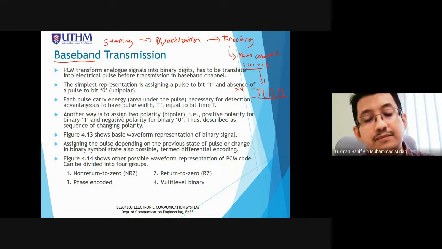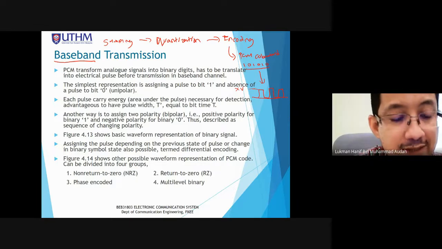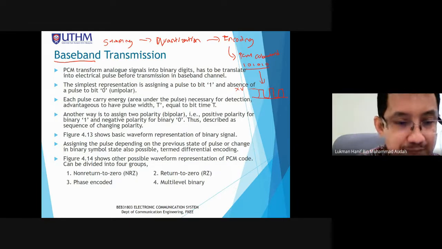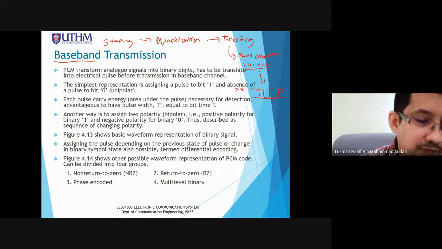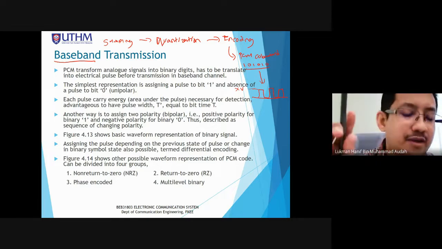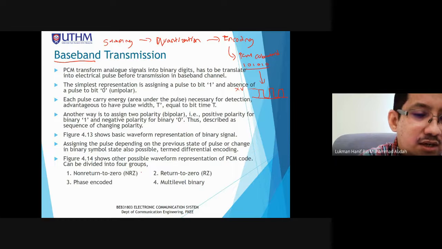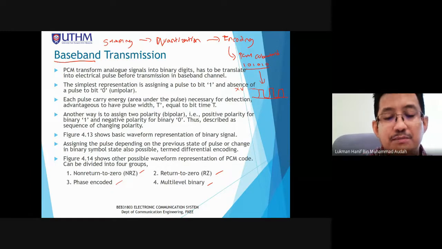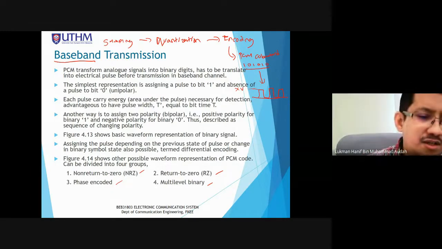So caranya adalah, salah satu caranya adalah menggunakan line coding. Dipanggil sebagai line coding. Line coding ada pelbagai. Salah satu antaranya adalah non-return to zero, return to zero, phase encoded, and multi-level binary. So ada macam-macam line coding.